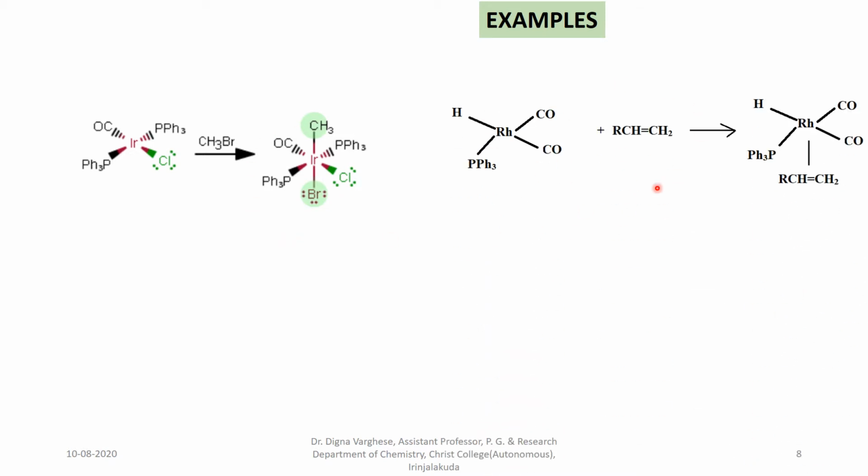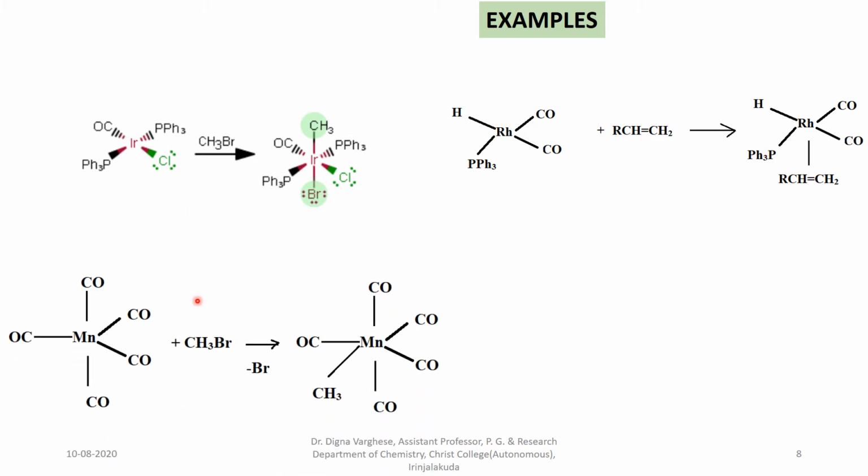And this is another reaction. We are adding an alkene to this rhodium complex, and it is coordinatively unsaturated, and its coordination number increased by 1 unit, and the oxidation number is also increased. In the case of manganese pentacarbonyl, methyl bromide is added, and the oxidation state and the coordination number also increase.